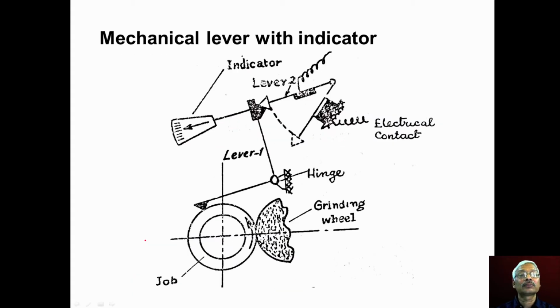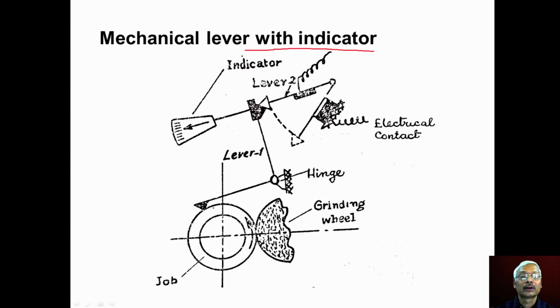Now this diagram shows another system wherein there is a mechanical lever with an indicating system. This is the grinding wheel and this is the job which is to be ground, and there is a probe or stylus which is in contact with the rotating workpiece, and there is a hinge, and we have this lever 1.